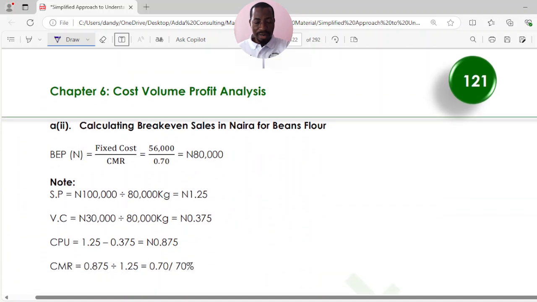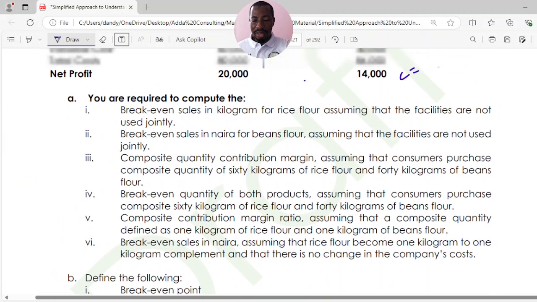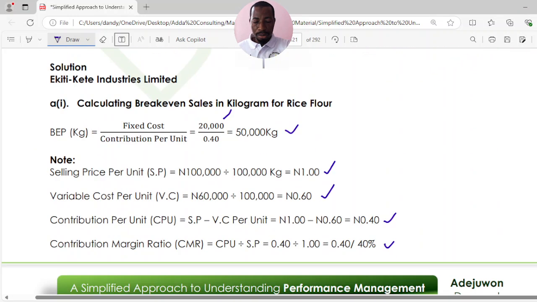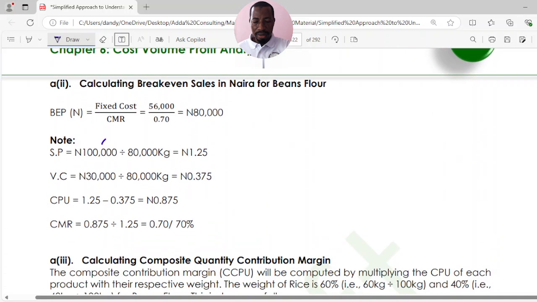How do I arrive at 0.7? First thing first, what is the sales value of beans flour? Sales value of beans flour is 100,000 naira. You divide it by the activity level of 80,000 kilogram. That is what produced 1.25.